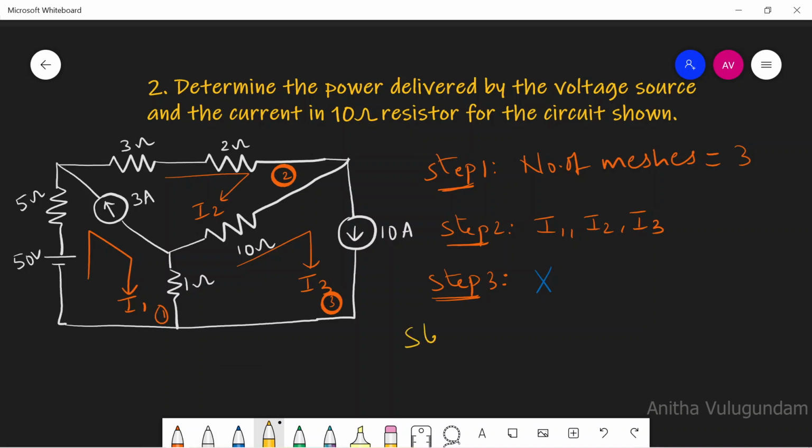Next, step 4. Remove the branch having the current source. Corresponding meshes will form a super mesh. Apply KVL to it. Let us redraw the figure.